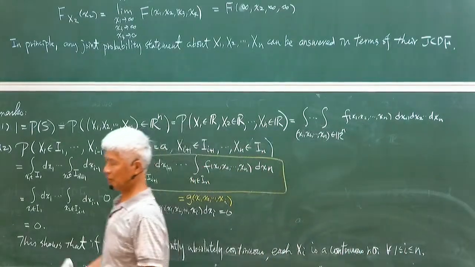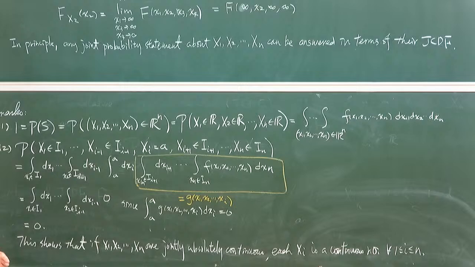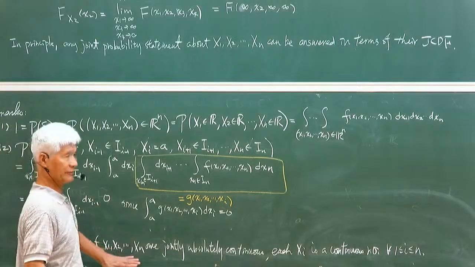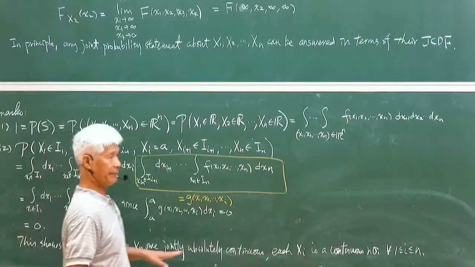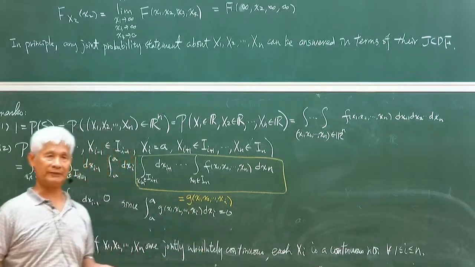So if n random variables are jointly absolutely continuous, meaning that these n random variables have a joint PDF, then each of them is a continuous random variable.